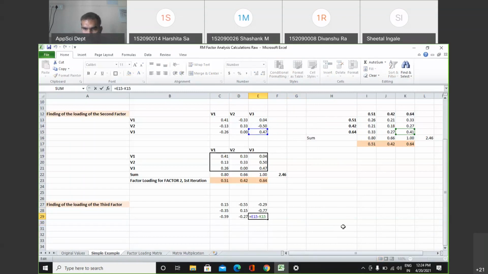So this is the matrix to start with for the third factor.